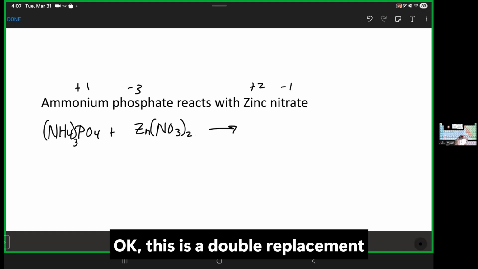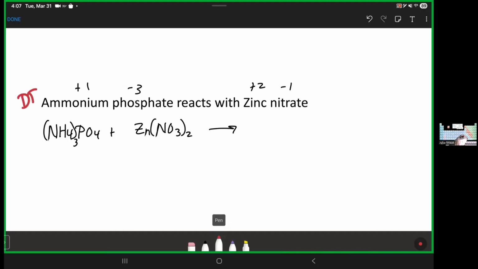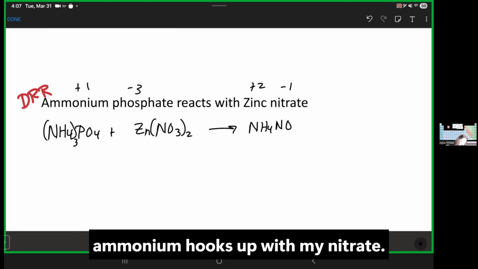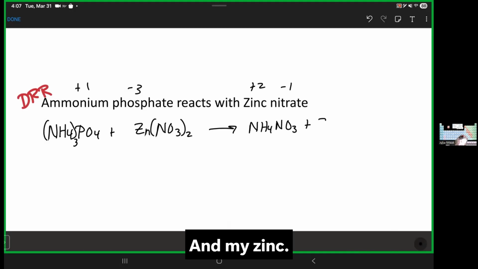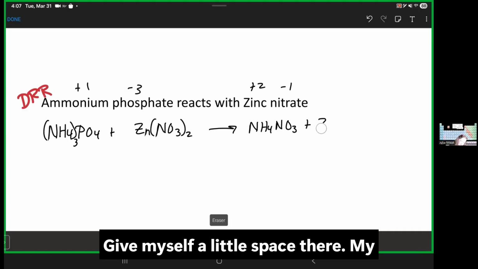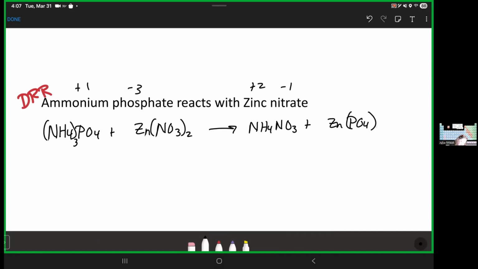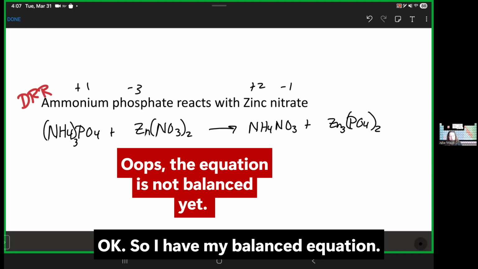Okay, this is a double replacement reaction. So they're going to switch partners. My ammonium hooks up with my nitrate, and my zinc hooks up with my phosphate. Okay, so I have my balanced equation.